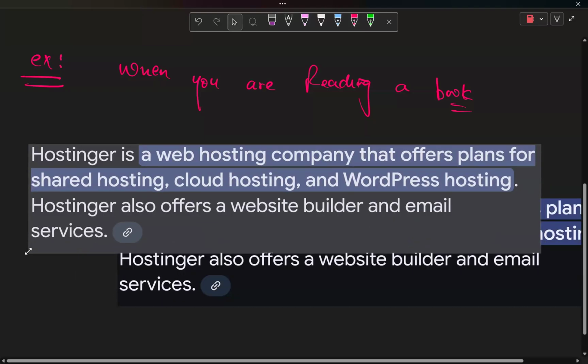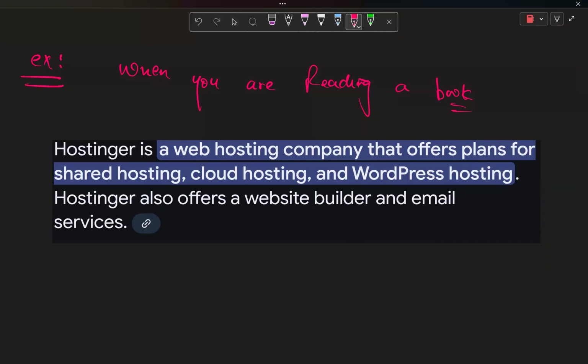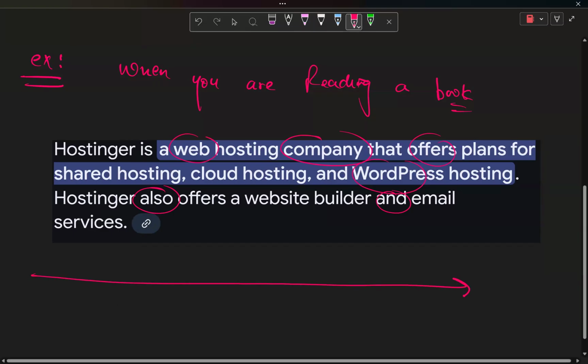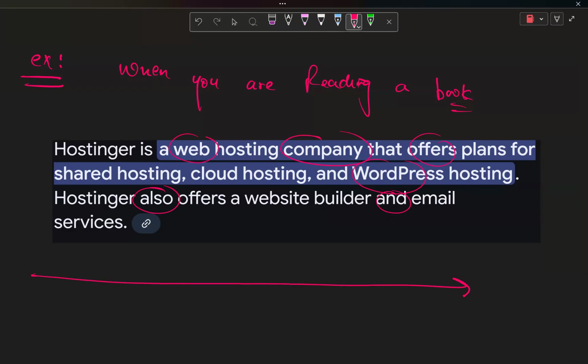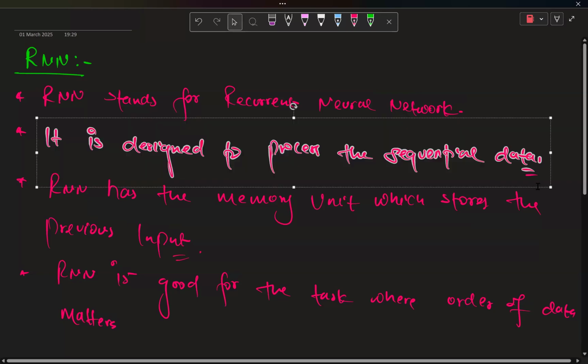Let's say we're reading this statement: Hostinger is a web hosting company that offers. What if I change the wording: company, web, offers, WordPress, and you read in this order? You will not be able to understand it. To form a particular sentence, your words should be in a specific order. If you disturb the order, the context will change. So the sequence of data is very important in case of RNN.